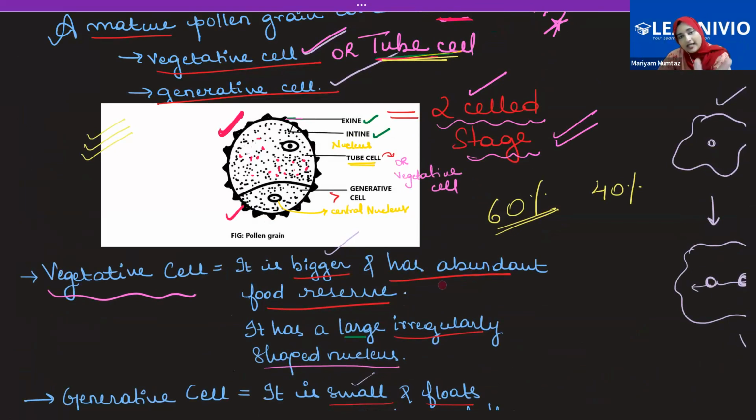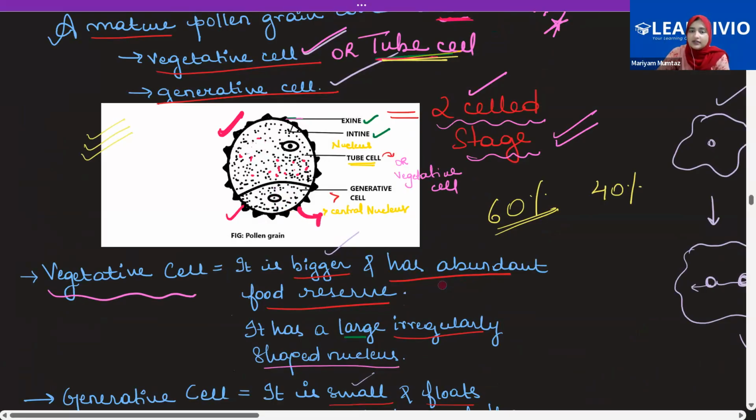At this cell stage, looking like this, they will be shed. This is called a two cell stage. But in the remaining 40% that are not angiosperms, that are different plants, this particular generative cell will divide into two. So now you have 1, 2, and 3 cells, and they will be shed at the 3 cell stage. Clear? Yes, ma'am. Thank you, ma'am.